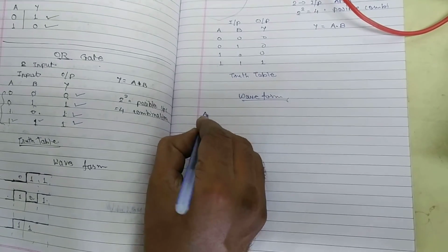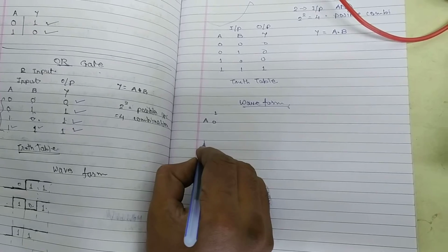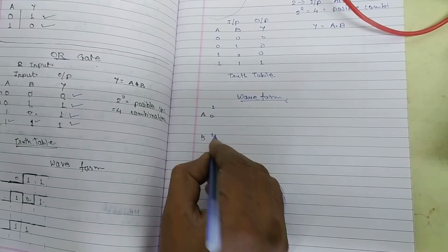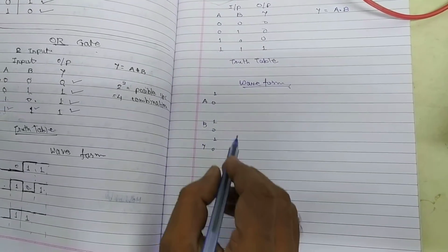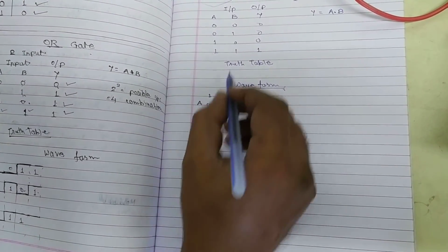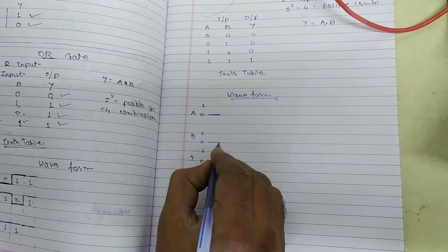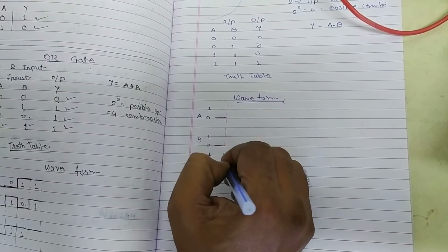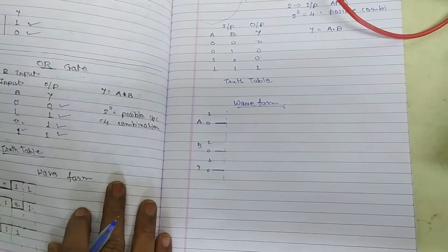Say this is input A, and it's logic 0 and logic 1. This is input B, logic 0 and logic 1, and its output Y, logic 0 and logic 1. Initially we are giving both as 0. So this is 0, this is also 0, and up to this instant we'll get output equal to 0.